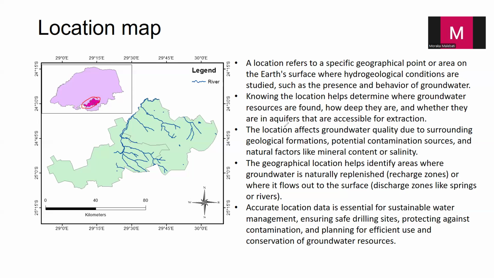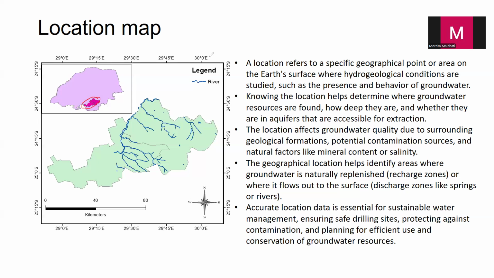The location affects the groundwater quality due to the surrounding geological formations, potential contaminant sources, and natural factors like mineral content or salinity. For example, if we are doing our hydrogeological studies near the mining areas, or near farms where we have a lot of agricultural practices, we know that over-application of fertilizers and pesticides might get washed by the rainfall into the rivers.